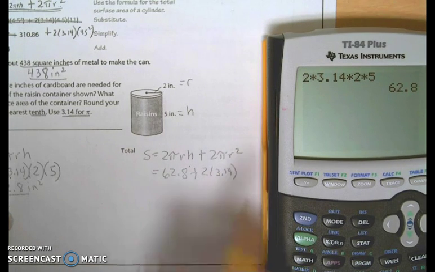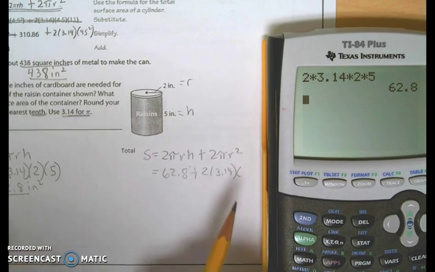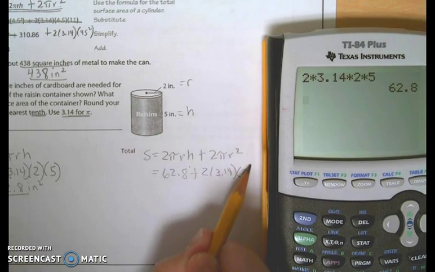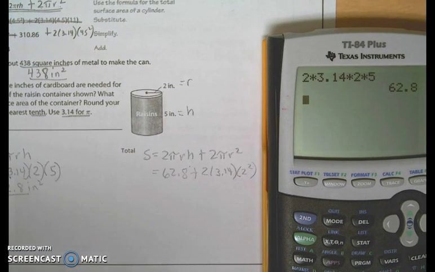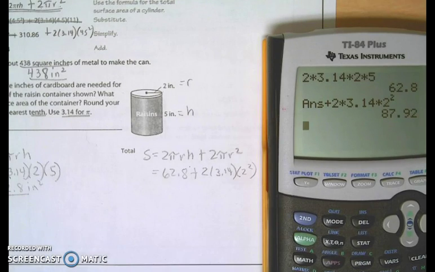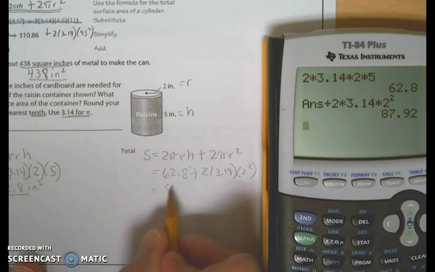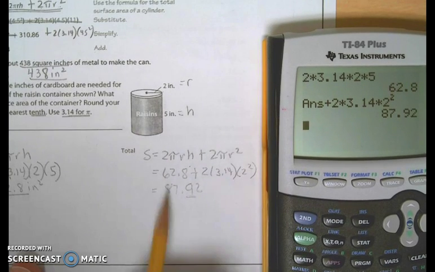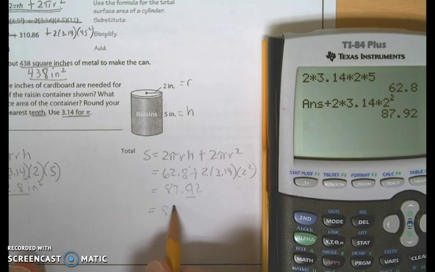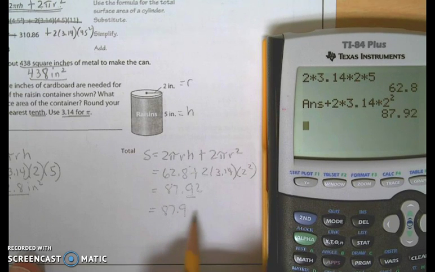Since my answer is already in the calculator, I'm going to just type in plus 2 times 3.14 times 2 and hit my x squared key, press enter, and I now have 87 92/100. The 9 is in my tenths place, so when I look to the right, it's going to round to 87 9/10 square inches.